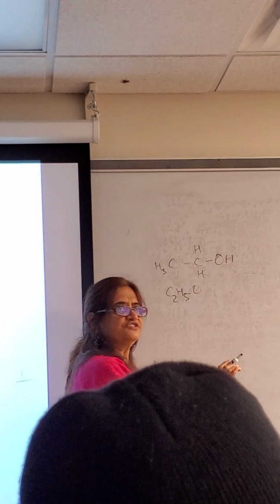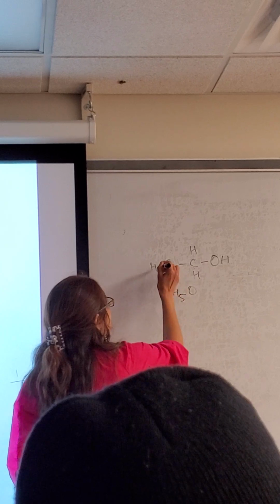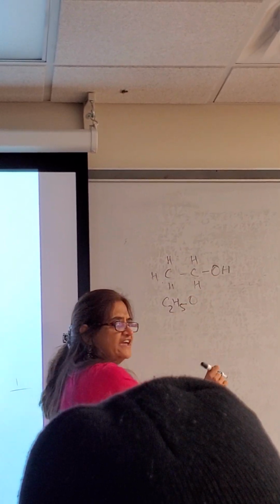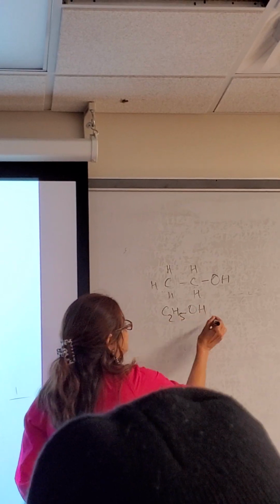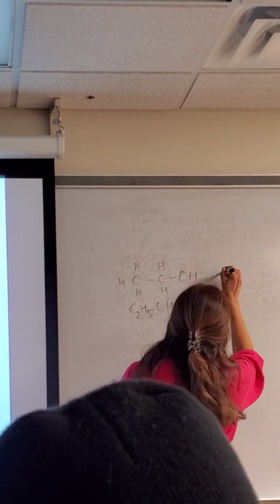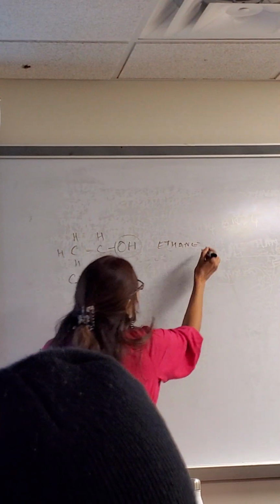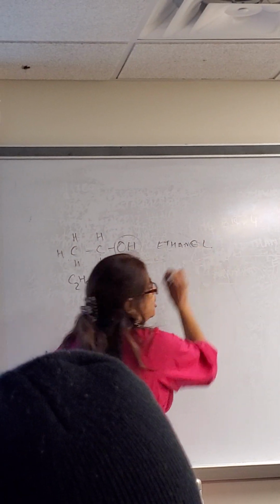One hydrogen is removed, so there are 3 here and 2 here, so 5. C2H5OH. So that ethane now converts into ethanol.